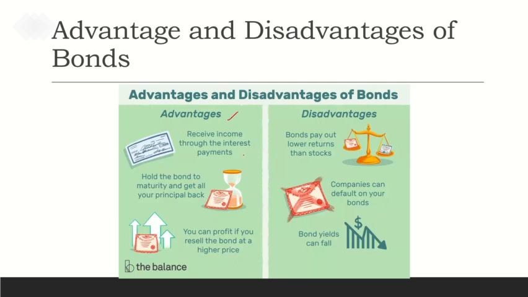Bondholders will receive income through the interest payment. What you need to know is the differences of the return. Bondholders receive interest payments, then hold the bond to maturity and get all your principal back. Kalau kita letakkan katakanlah 100,000 untuk bond, kita dapat coupon rate. Coupon rate ni interest dia 4% katakanlah per year.